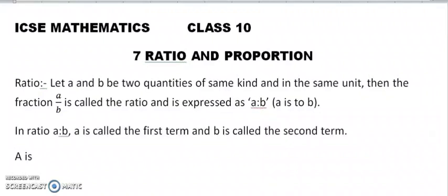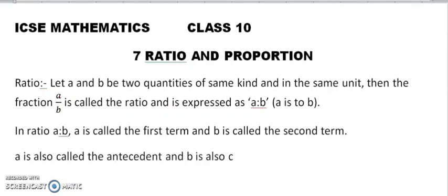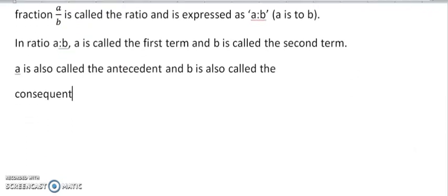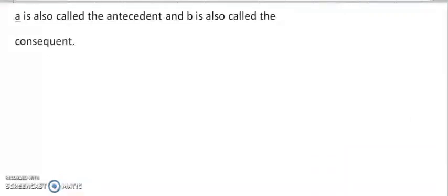First term or A is also called the antecedent and B is also called the consequent. Clear? So A is called either the first term or the antecedent, and B is either called the second term or the consequent.